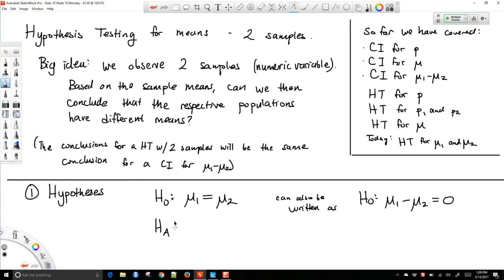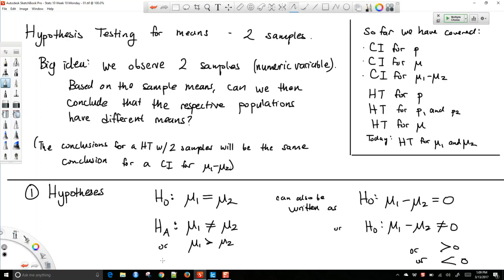Then the alternative is mu1 does not equal mu2, or mu1 minus mu2 does not equal 0. Or you can have greater than 0 or less than 0: mu1 is greater than mu2, or mu1 is less than mu2.